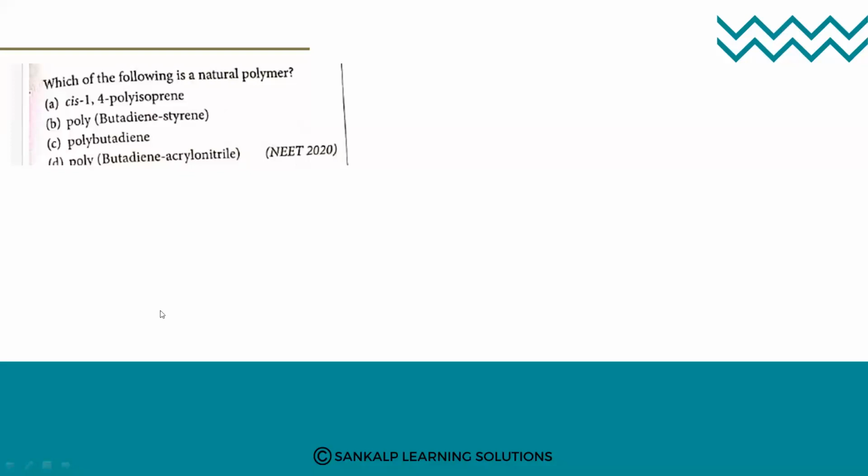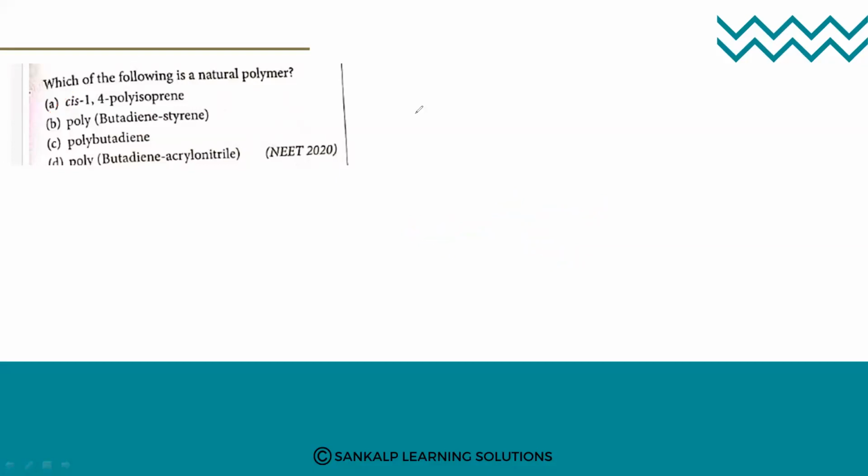The answer is A. Natural rubber is made up of cis-1,4-polyisoprene. It is made from isoprene, that is CH2 double bond CH, C, CH3, double bond CH2. So it is a natural polymer, and the answer is A.